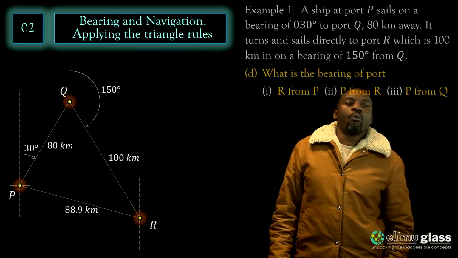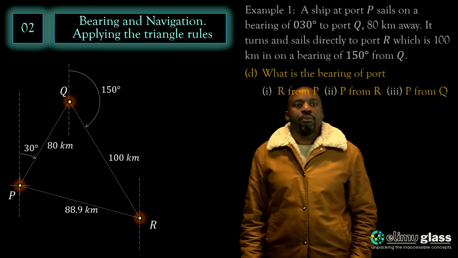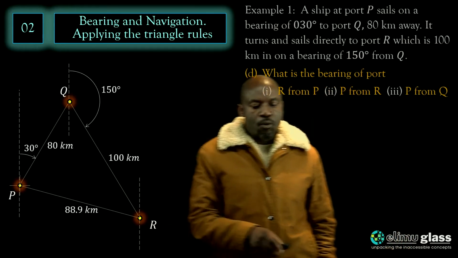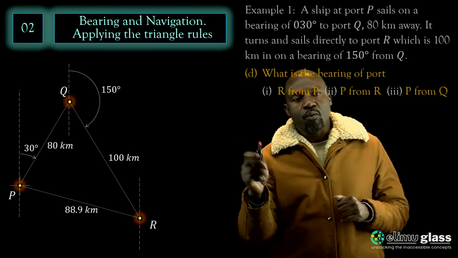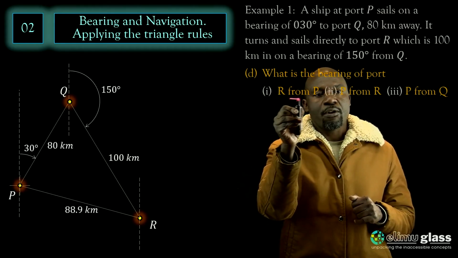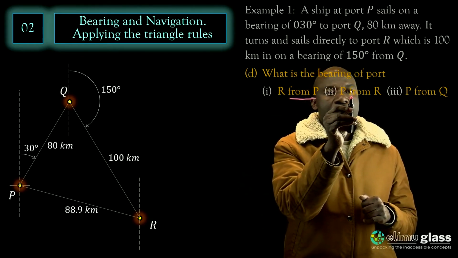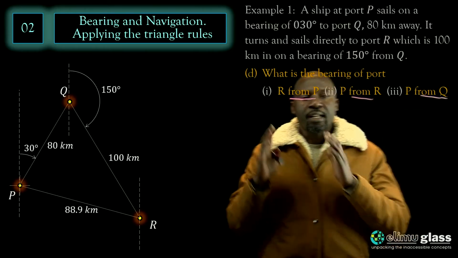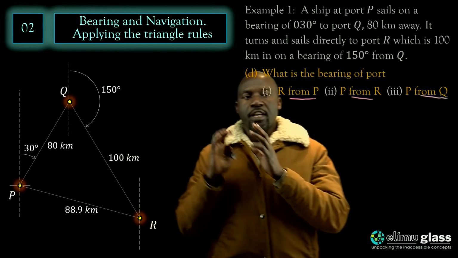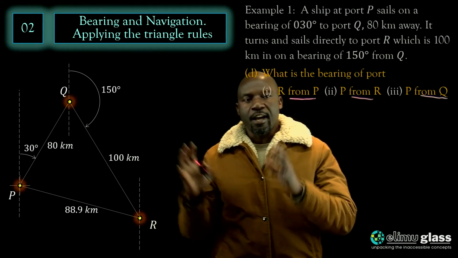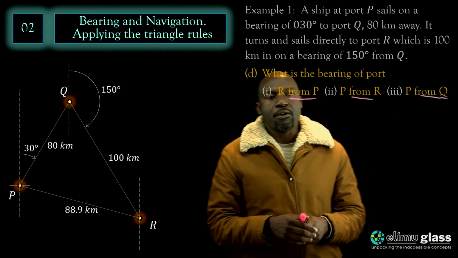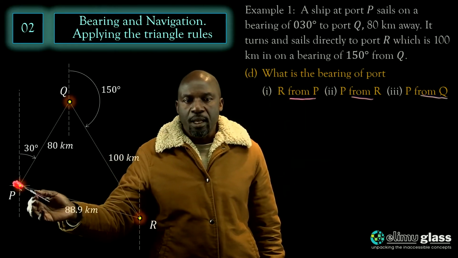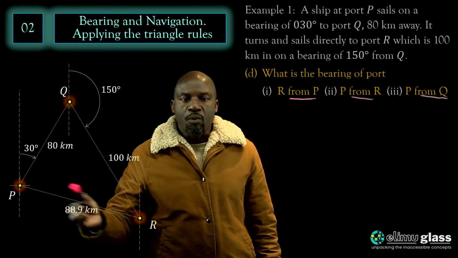Part D, what is the bearing of port R from P? The key word here is the word from. When it says from P, from R, from Q, that means we go and stand at P, or stand at Q, or stand at R. So if we want to find R from P, we go to P. We want to know the bearing.